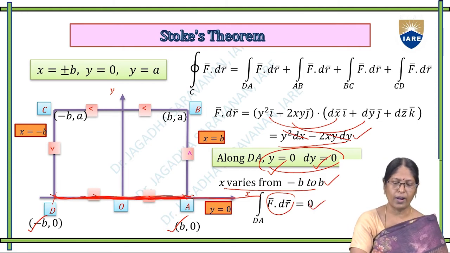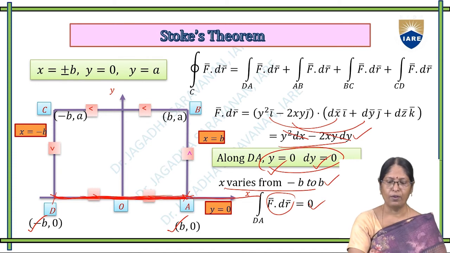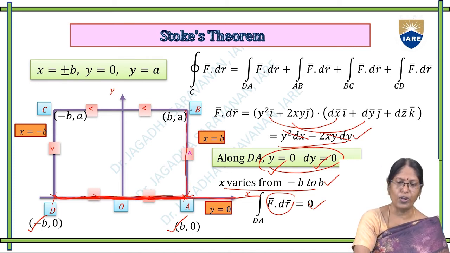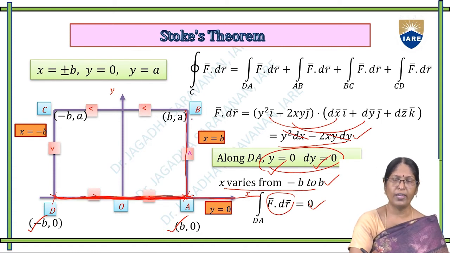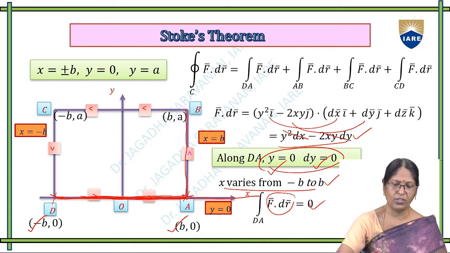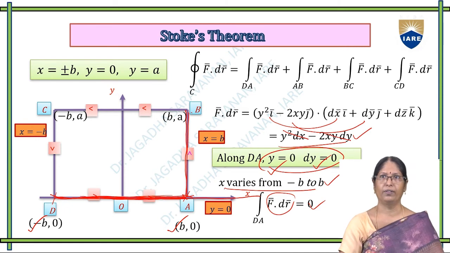Now we are at the point A. From A we are going to move to B. Along AB we are going to calculate the line integral, which is in the y direction.